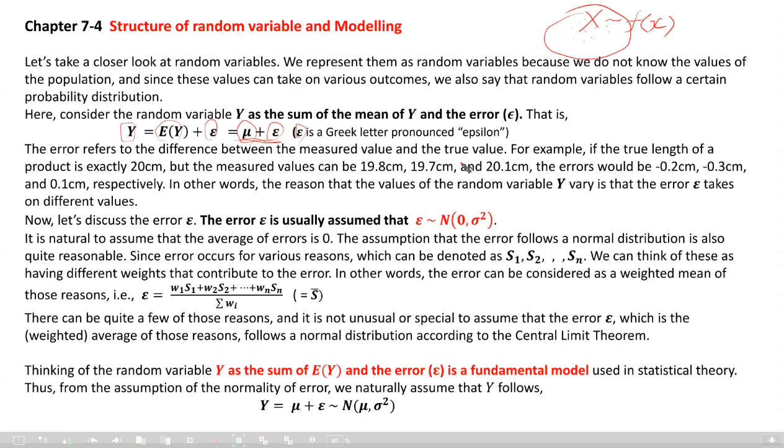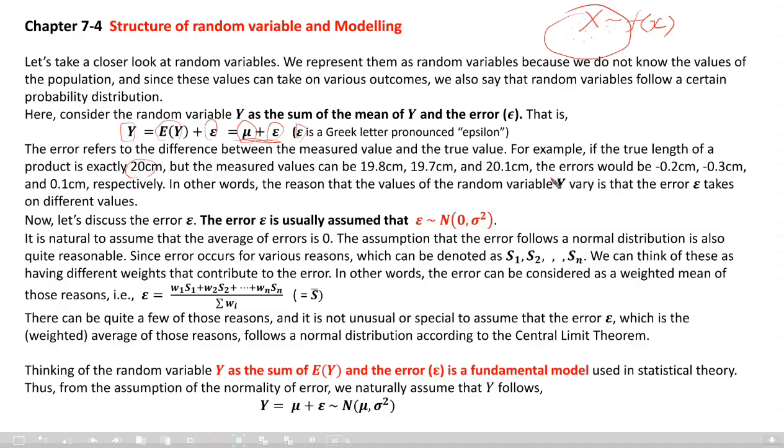You understand error? For example, if the true length of a product is exactly 20 centimeters, but the measured values can be 19.8 centimeters, 19.7 centimeters, and 20.1 centimeters, and so on.